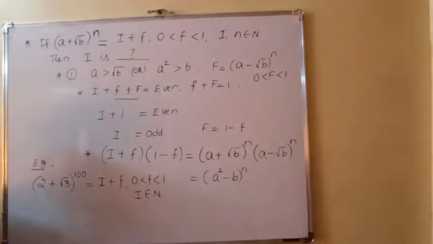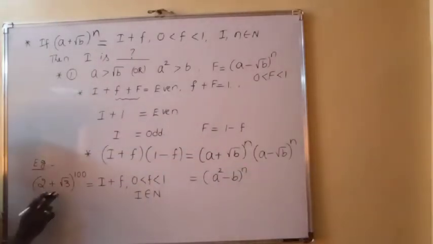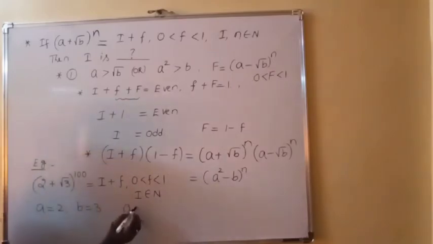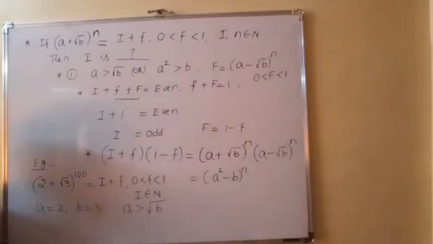First you check that it is in the form (a + √b)^n. So what is a? 2, and b is 3. Here, is a greater than √b or less than √b? 2 is greater than √3, because √3 is approximately 1.7, but a is 2. So here a is greater than √b.